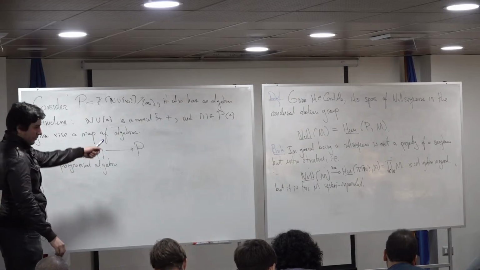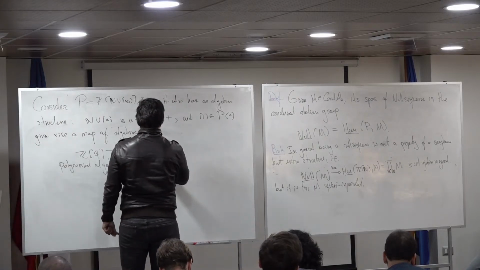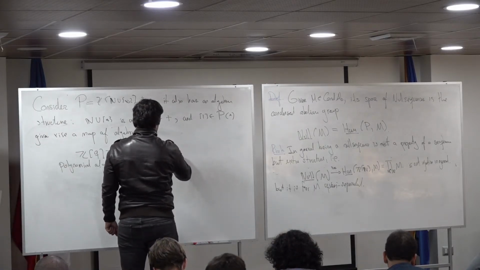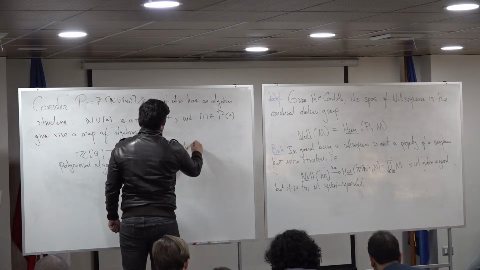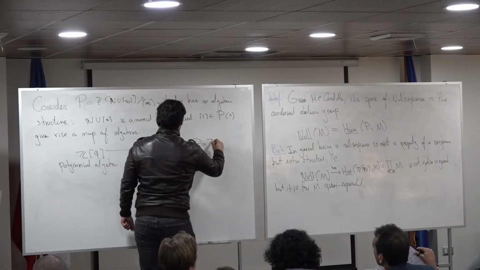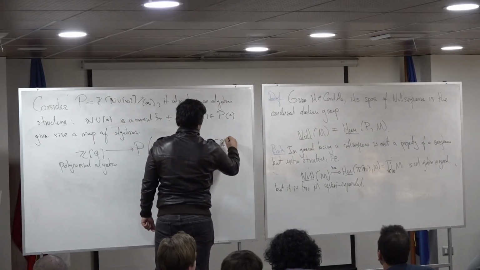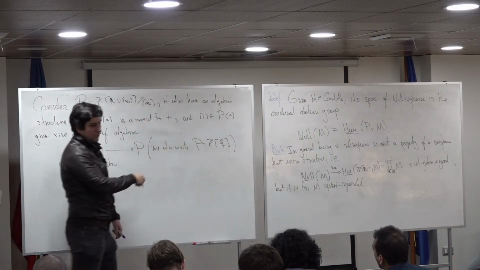So let's say that we also write this object P to be something like a CQ hat, just in order to see this object as an algebra, maybe.